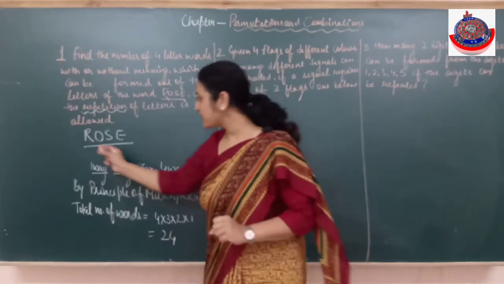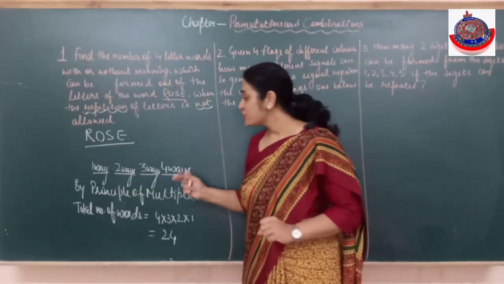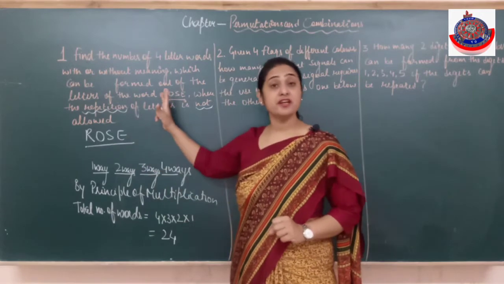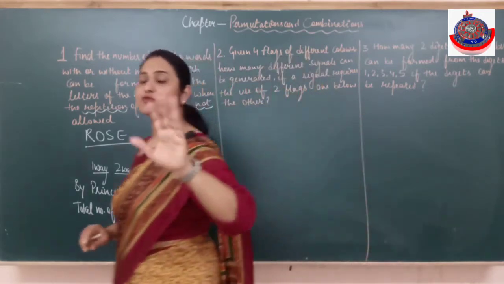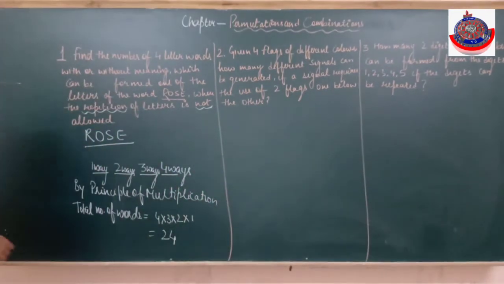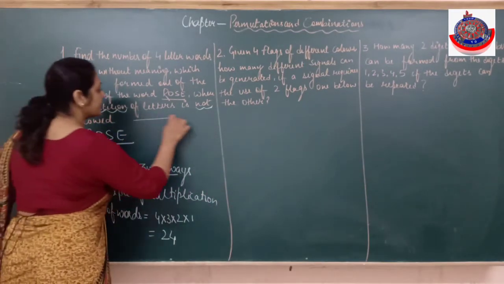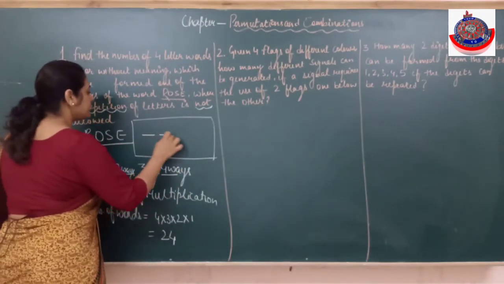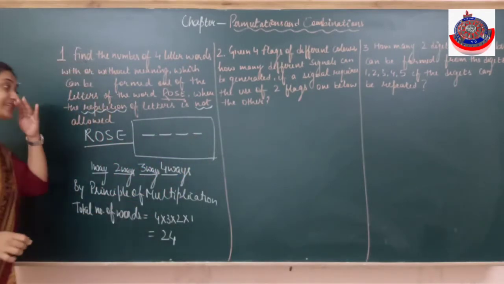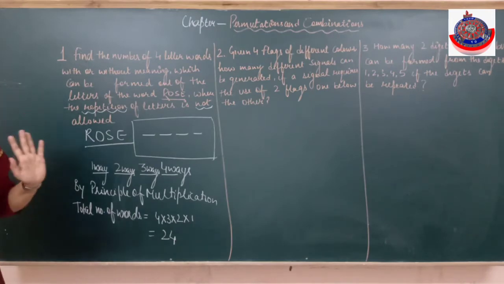So the easiest way is you make the blanks and try to fill them according to the given condition, whether repetition is there or not. For example, had repetition been allowed in this question, I have to fill these 4 blanks, and they say the repetition of the letters is allowed.